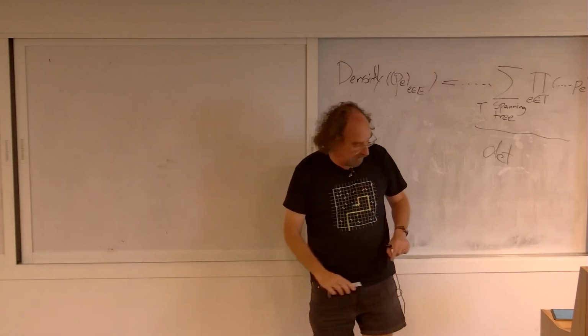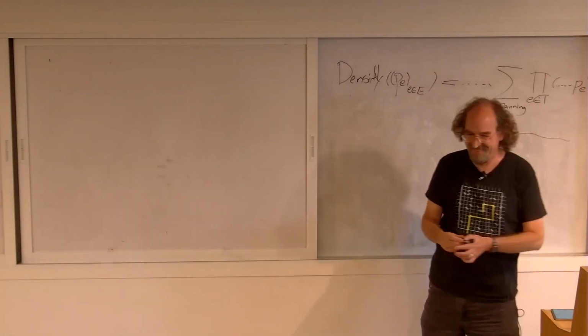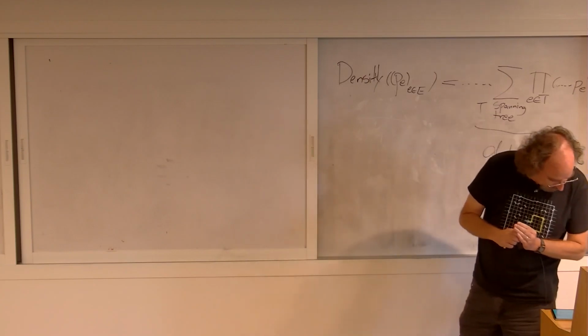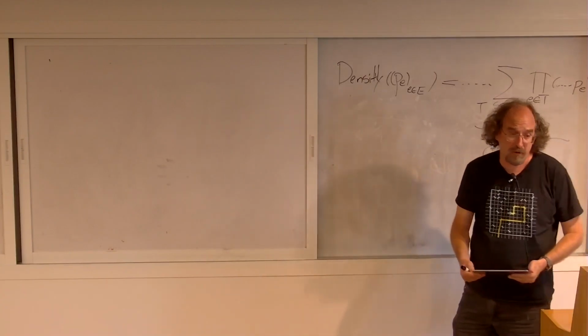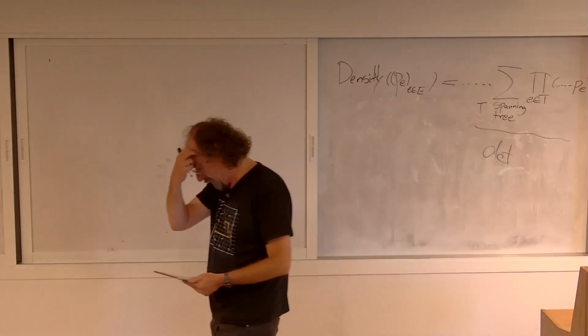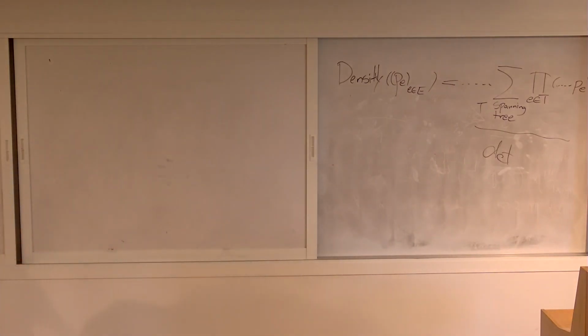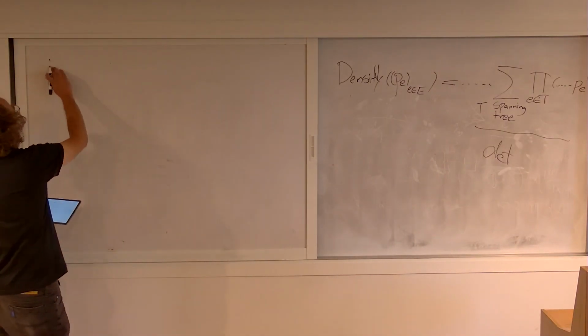Random Anderson, of course, and again, not in one dimension, on any graph. So you take Anderson on any graph. What is the operator?